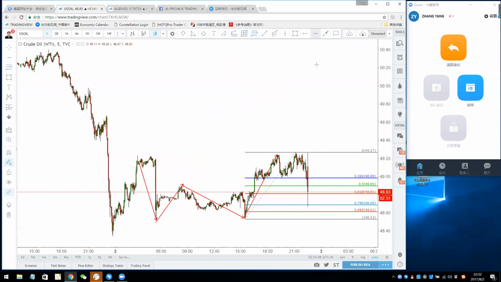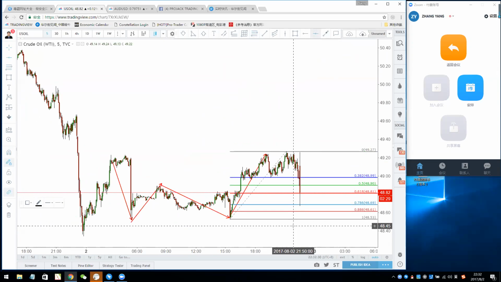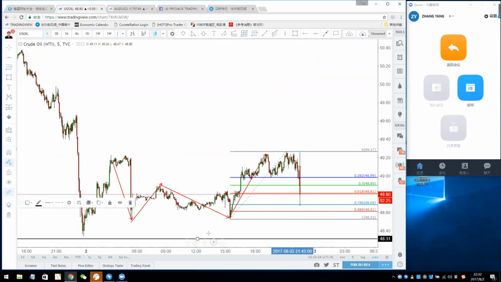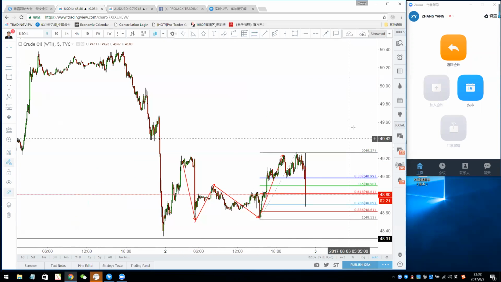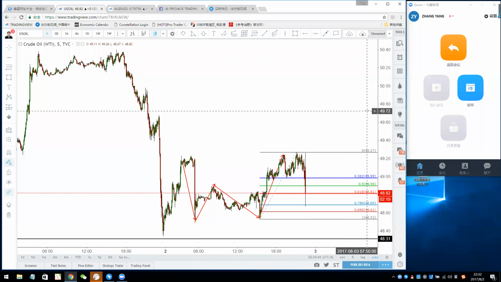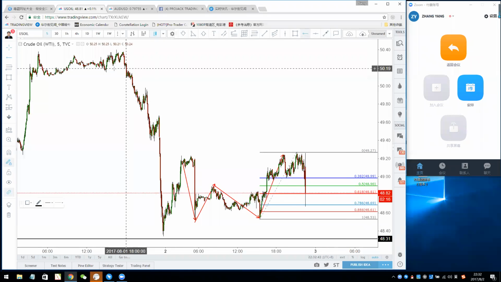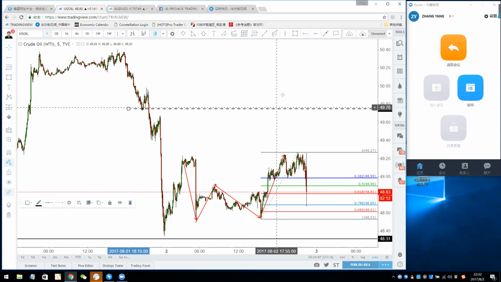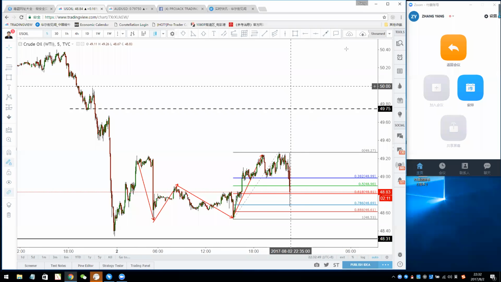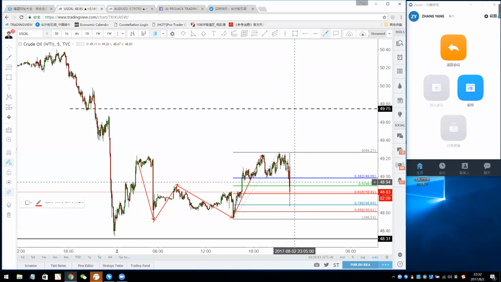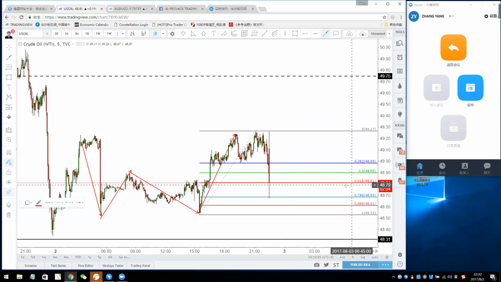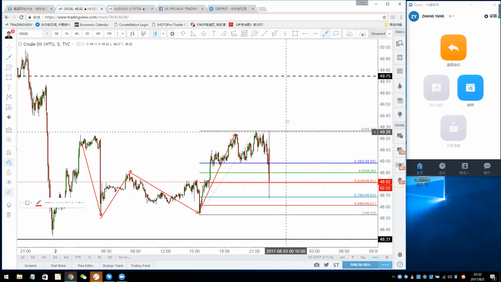Your stop loss for your long should be just below 48.40, below this low, and aim for a rally to about 49.73 or maybe 50. The 618 level is here, 49.73. So this is a potential buying opportunity if the price can stay above 48.81.